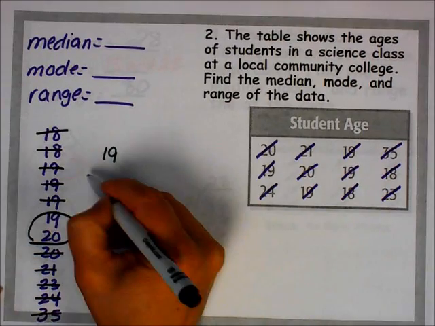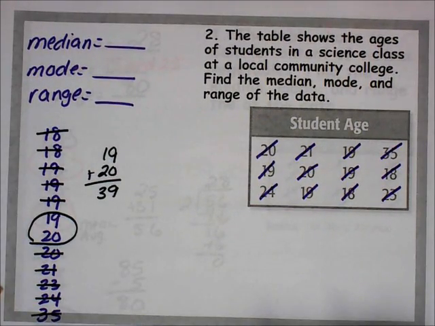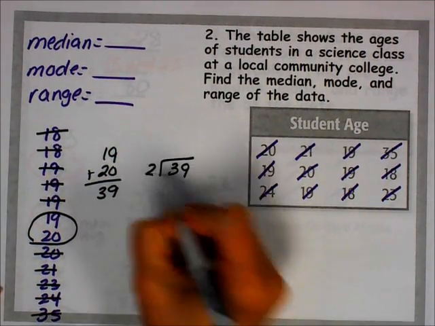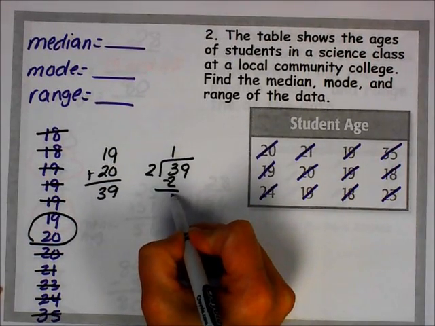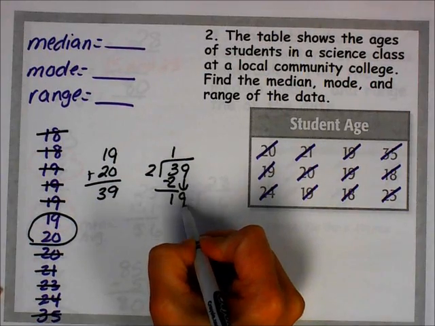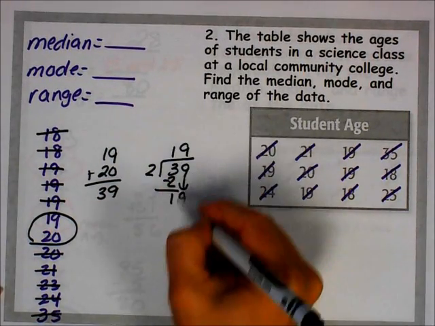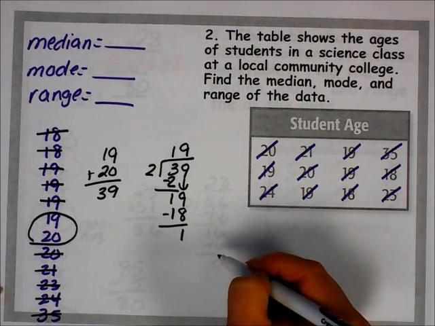So I'm going to add 19 plus 20, which gives me 39. I added 2 numbers together, so I have to divide by 2. 2 divides into 3 one time, with 1 left over. Bring down the 9. 2 goes into 19, 9 times. That's 18, with 1 left over.